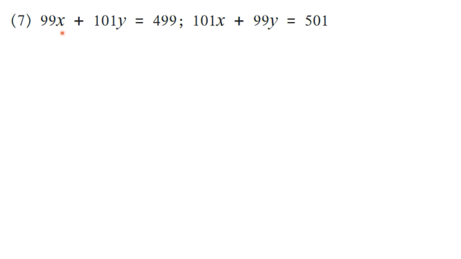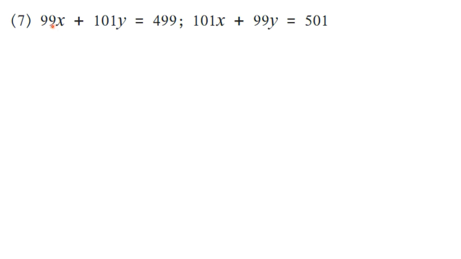See, 99x plus 101y is equal to 499. This is the first equation. And the second equation is 101x plus 99y is equal to 501. These are called particular type of equations, or special equations. Why? Because you can observe the coefficients of x and y are interchanged.